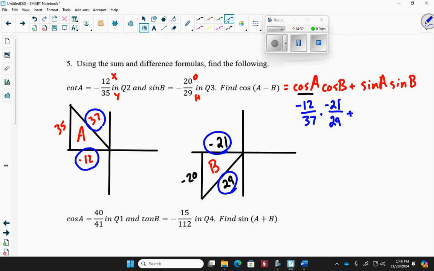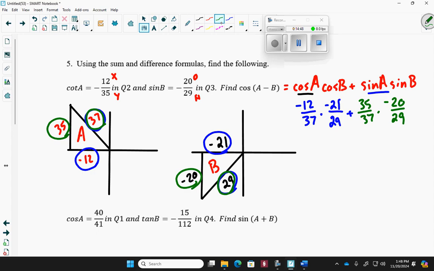We're going to add that to sine of A, which is 35 over 37, and then sine of B, which is negative 20 over 29.